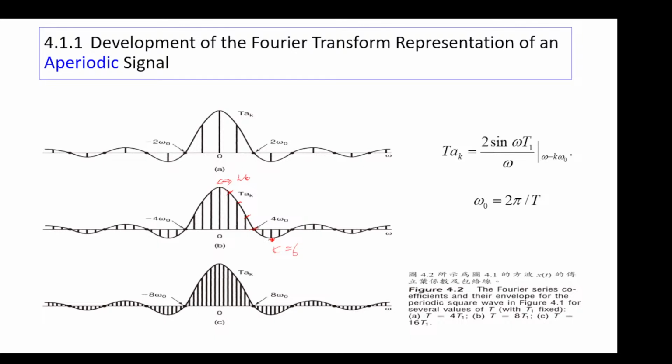When big T gets larger and larger, you're actually sampling these envelope points on a finer and finer grid. When big T goes to infinity, you are basically sampling every point on this envelope. So the information about a_k is actually just this envelope function, T a_k.